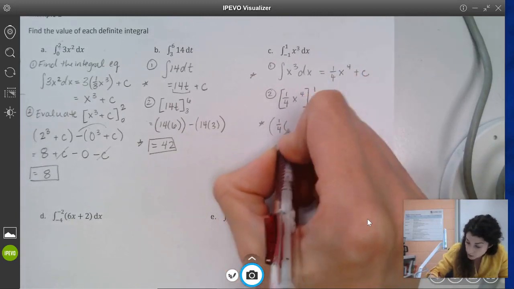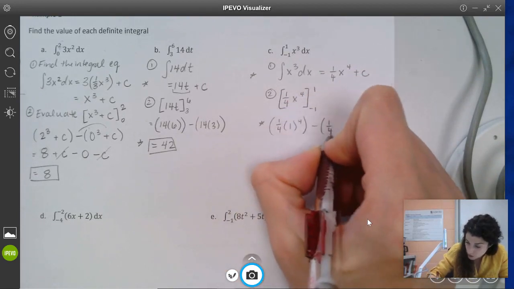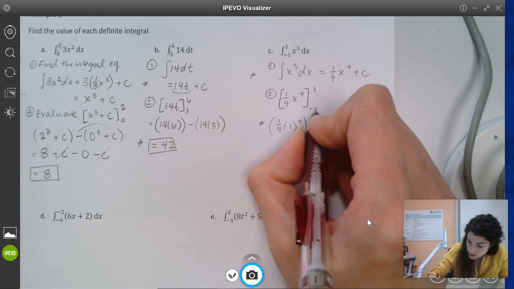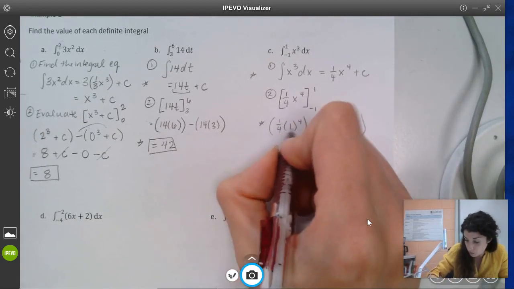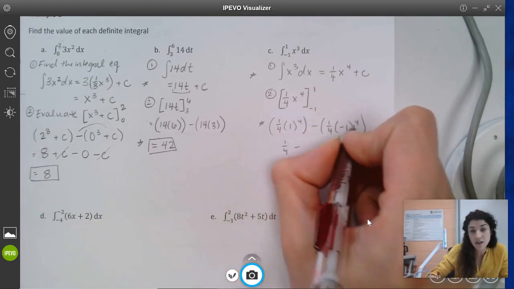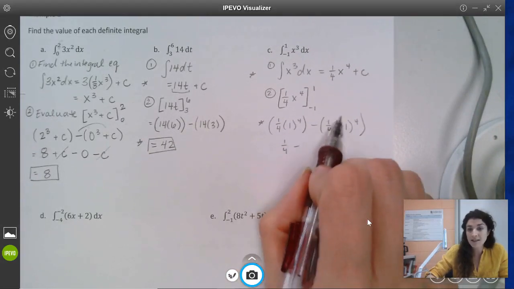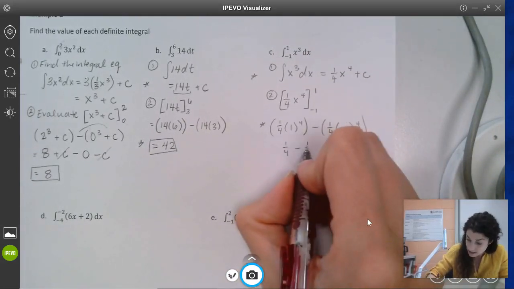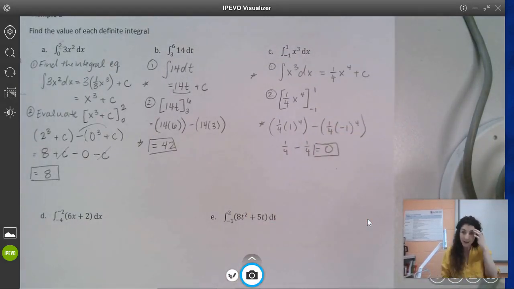So you get 1/4 times 1 to the 4th power. And then we subtract out this second x value plugged in, which ends up being 1/4 times 1, which is 1/4, minus, and then -1 to the 4th power becomes +1. So it becomes +1/4. So subtracting +1/4, and the value is just 0.